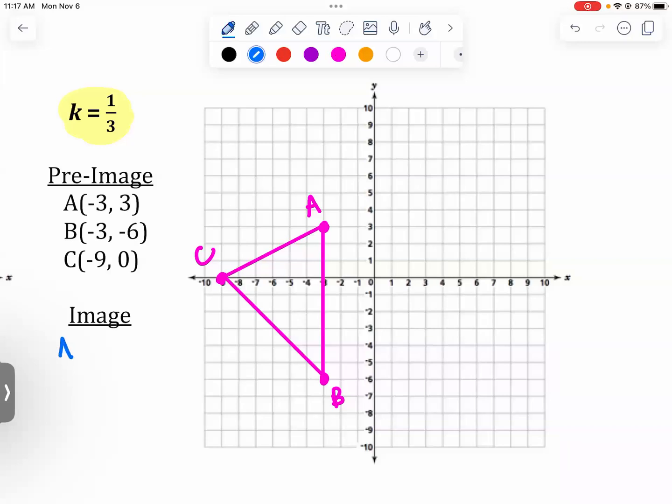All right, so where's A gonna go? A prime becomes -1, 1. B prime, -1, -2. And C prime.